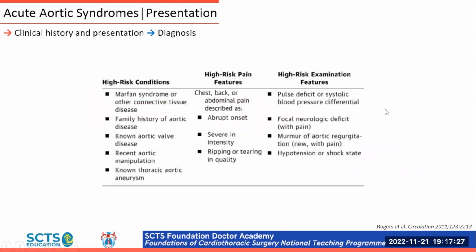Obviously, in order to make a prompt diagnosis, you should know whether the patient is affected by some condition, like for example Marfan syndrome or a family history of aortic dissection, in association with the typical clinical presentation just described, so abrupt onset of the pain, interscapular pain, and also some typical clinical signs. Then you are in the position to suspect an acute aortic syndrome.